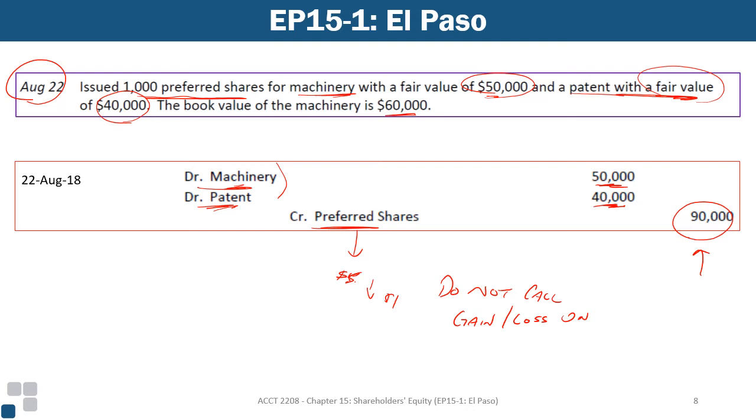You can never have a gain or a loss on a purchase, okay? So that can never happen. And there's also no adjustment to any contributed surplus or anything like that, okay? So it's always just debit the assets at their fair value and credit the common shares or preferred shares or whatever you have for the sum of those two, and that's all there is to it.